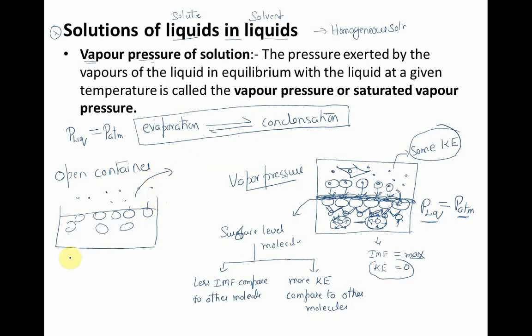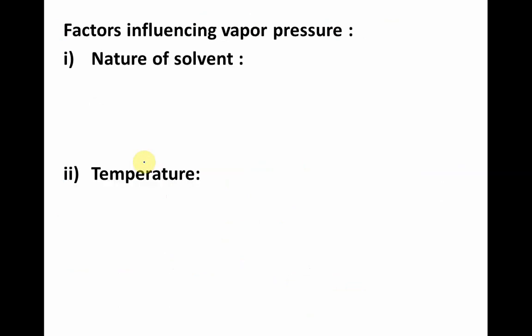Therefore, the volume of the liquid decreases, and these molecules do not create pressure on the surface of the liquid because they easily enter the atmospheric air. Therefore, it should be carried out only in a closed container but not in an open container. Please note it down.